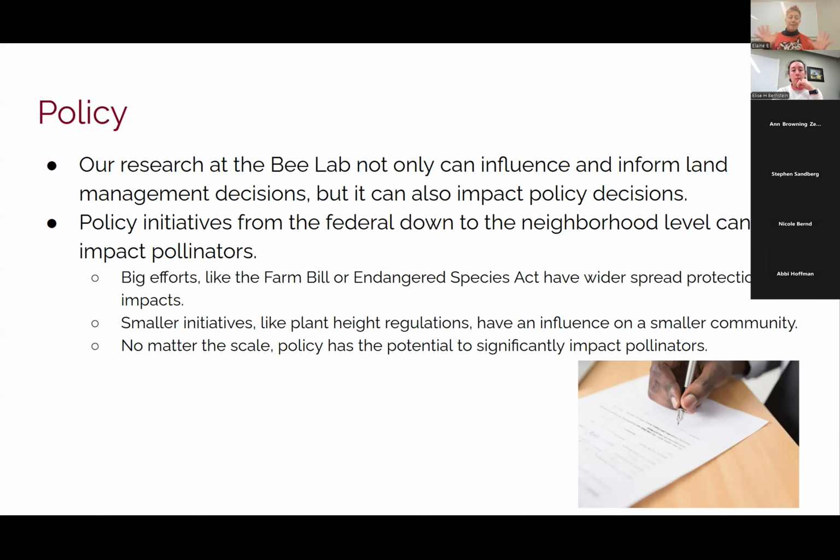There are big federal things like the Farm Bill or the Endangered Species Act, but there are city regulations on plant height, or all these different scales that can have significant impacts on pollinators. So we wanted to give background information about what some of these policies are, as well as talk about ways to engage with policy and how we can advise people to help them engage and be involved in policy to support pollinators.